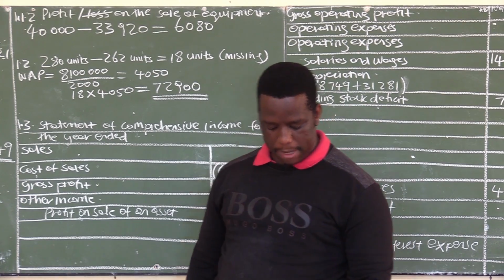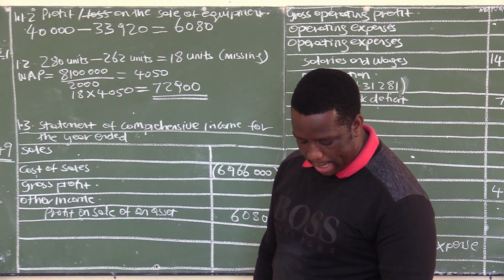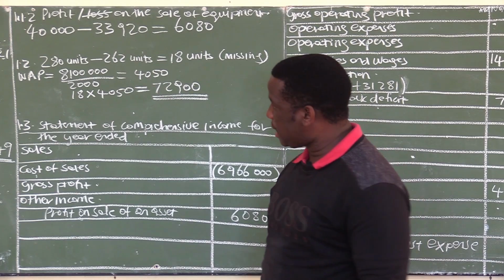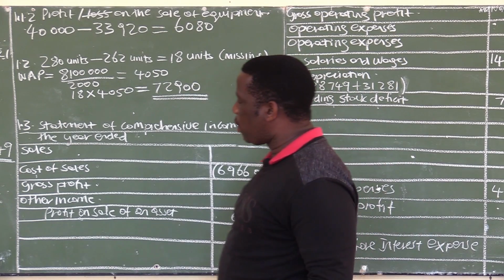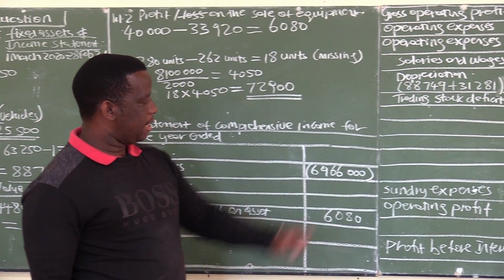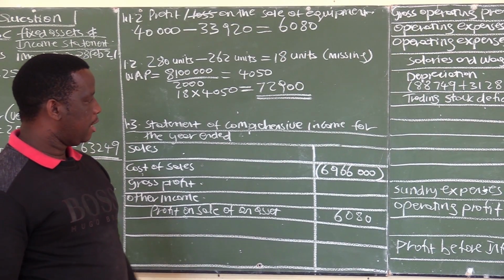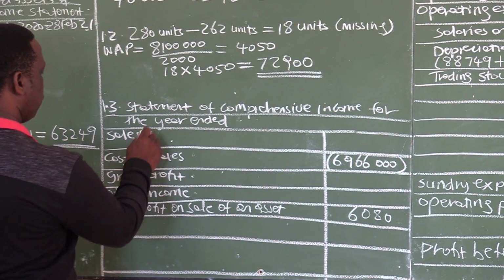The markup of 120% will help us to calculate our sales amount. The cost of sales has already been provided, which is 6,966,000. So we want to calculate the sales amount.